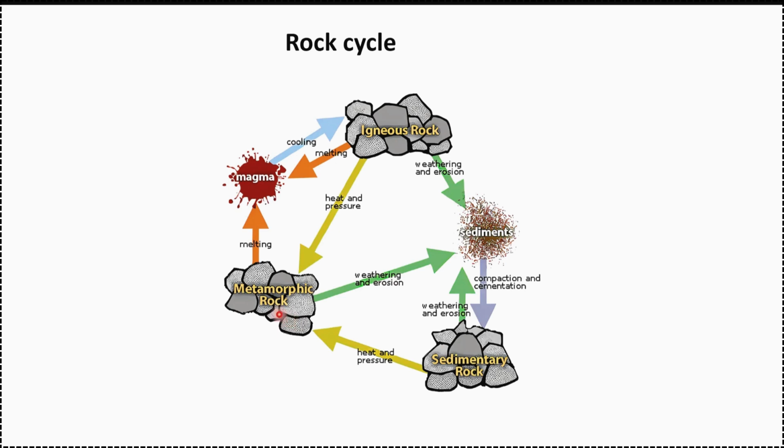Metamorphic rocks can melt to form magma, which again undergoes cooling to form igneous rocks, or erupts as volcanic extrusive rocks to form igneous rocks again. This cycle illustrates the dynamic and interconnected nature of Earth's geology.